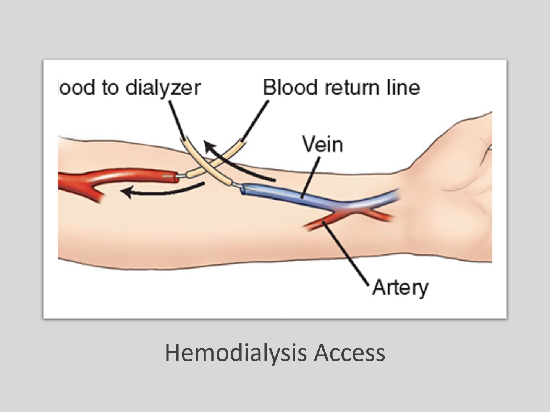Now, a fistula is going to be used for hemodialysis, and it is actually a direct connection of an artery to a vein. And once the fistula is created, it is a natural part of the body. And this is the preferred type of access because once the fistula matures, it gets bigger and stronger, and it provides an access with good blood flow that can actually last for decades.